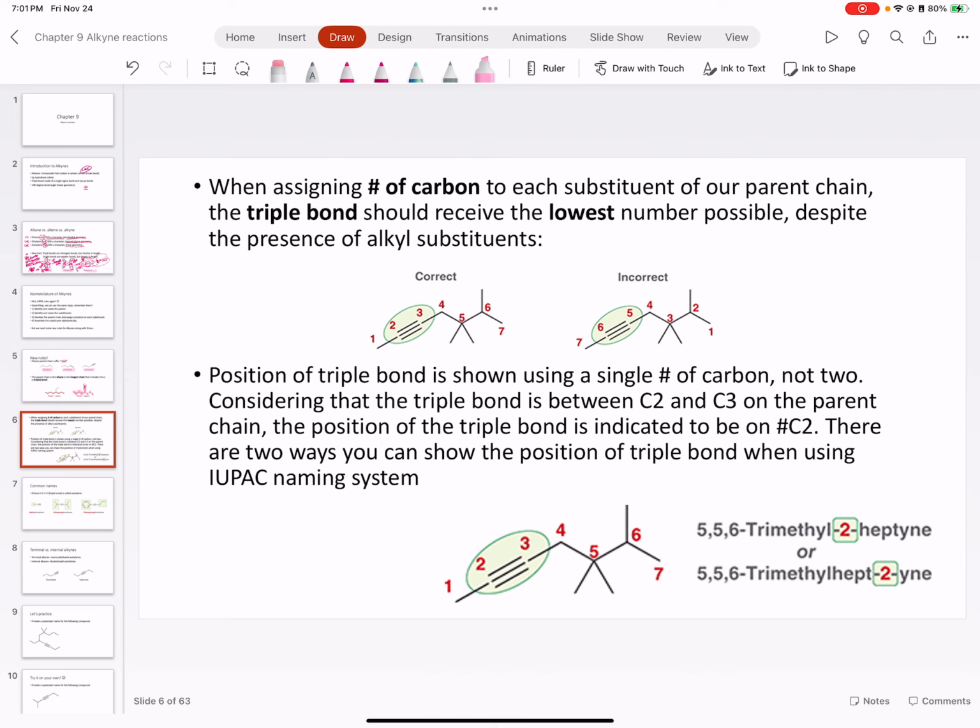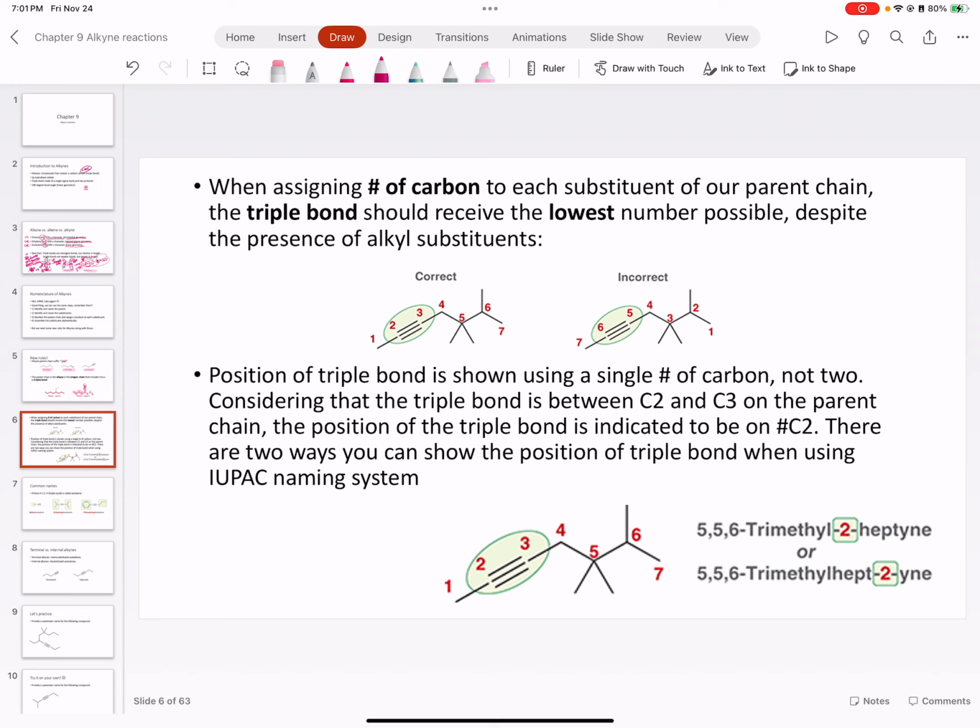When assigning the number of carbons to each substituent of our parent chain, the triple bond should receive the lowest number possible despite the presence of an alkyl substituent. Normally alkynes have higher priority than other groups.